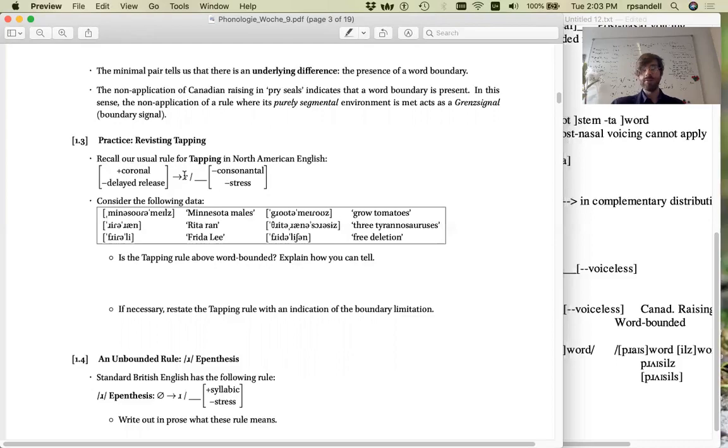So we want to try to determine here, based on this set of examples, whether tapping is limited, and specifically whether it is word bounded or not, as far as we can tell from these examples. So if we divide up these words, we can see from the orthography, that is the spelling, what the underlying segment should be.